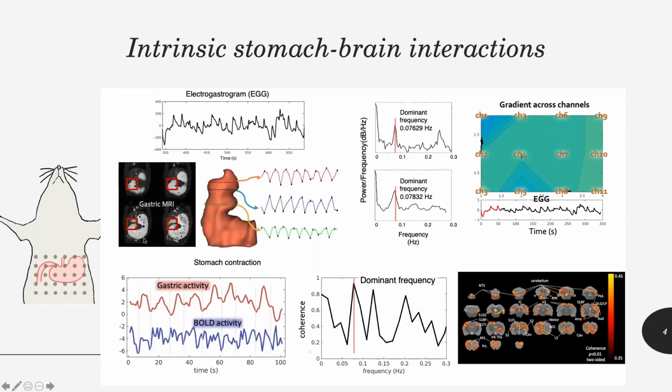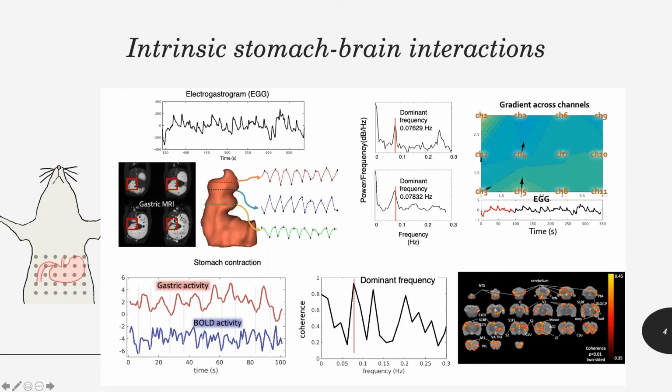So here is an example. This light half-moon shape is the rat stomach, and by continuously acquiring the abdominal imaging with a faster sampling rate, we can see how the stomach contracts during food digestion.